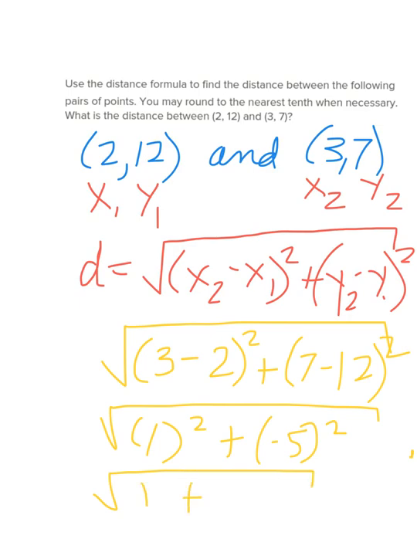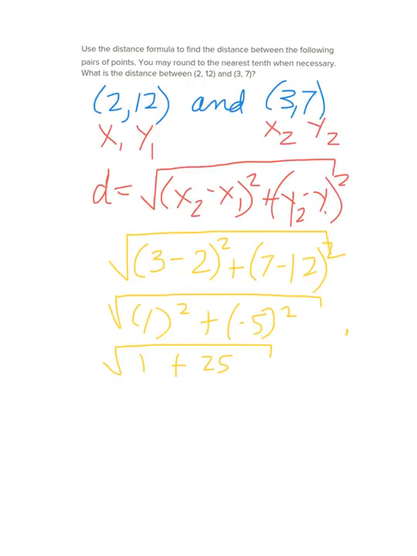Negative 5 to the second power is 25. 1 plus 25 is 26. So we have the square root of 26, and that's approximately equal to 5.1. It's a little bit bigger than the square root of 25. And that's how you use the distance formula.